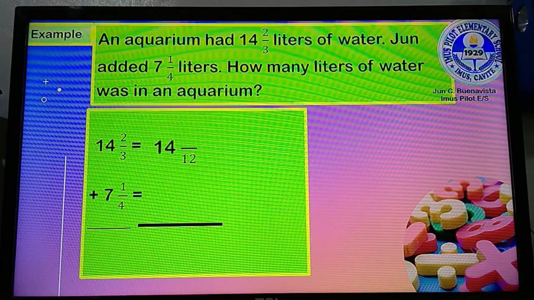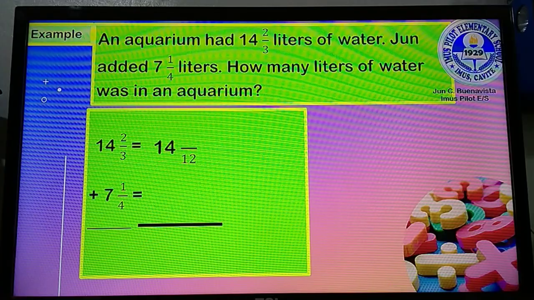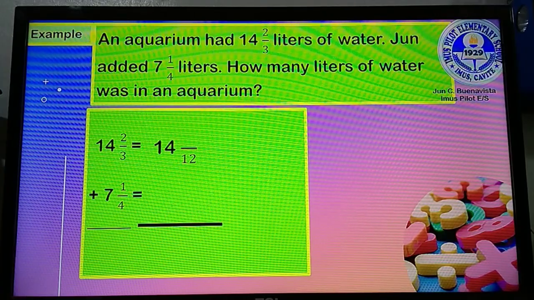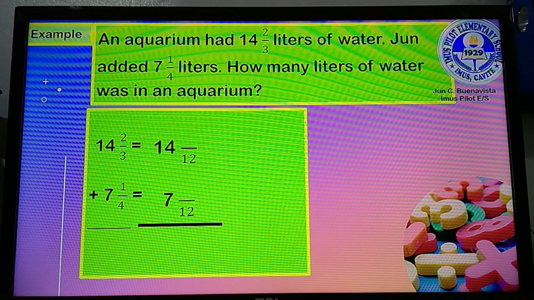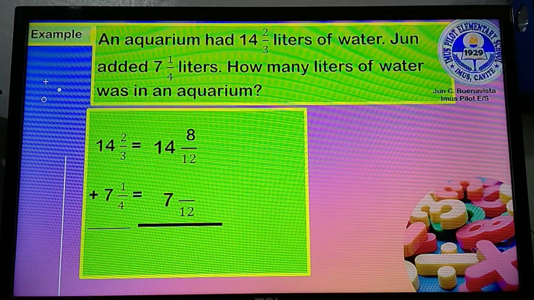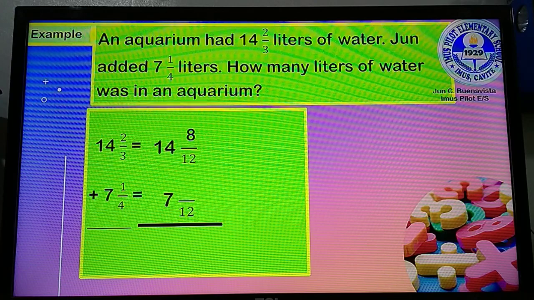Now, again, in changing our fraction into a similar fraction, we divide the LCD by the denominator. So 12 divided by 3 equals 4. Then, since 4 is our answer, we multiply it to the numerator 2. So 2 times 4 equals 8. So 14 and 2/3 equals 14 and 8/12.